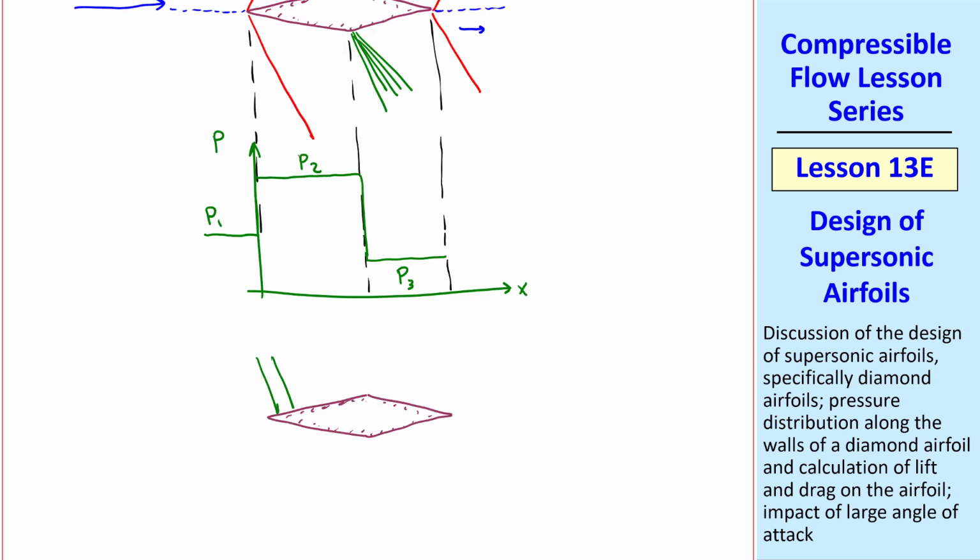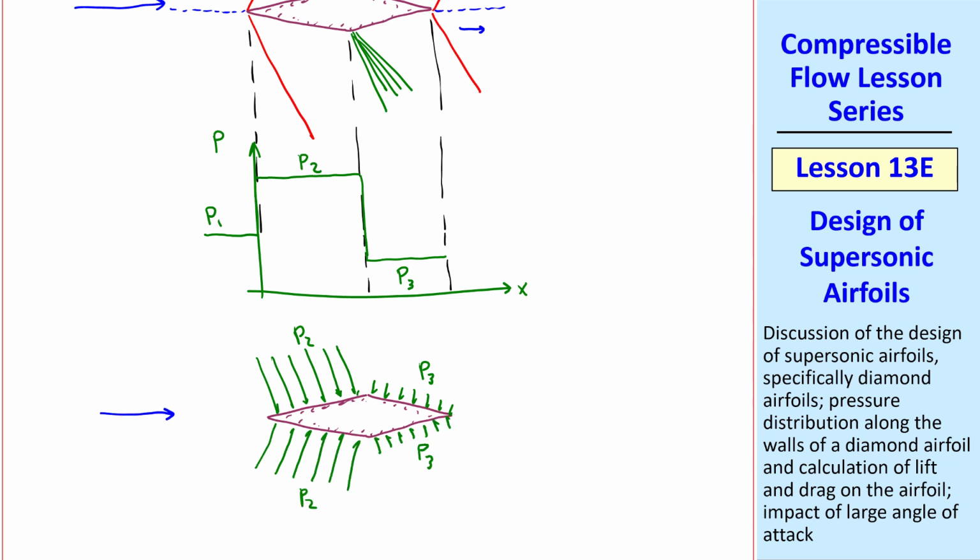Namely, since pressure always acts normal to a wall, P2 acts something like that, P3 like that, and it's symmetric top to bottom. You can see that the pressure forces on the top and bottom cancel at zero angle of attack, so there's no lift force. But since P2 is bigger than P3, and the way this is angled, we see that the drag force is not zero.